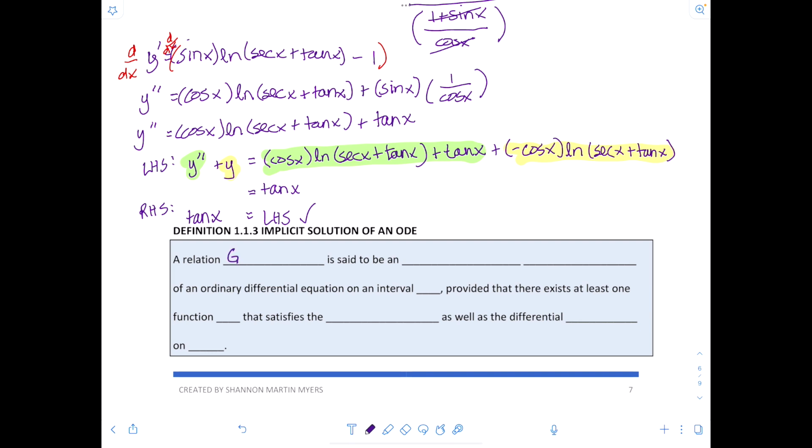A relation capital G of x and y equal to 0 is said to be an implicit solution of an ordinary differential equation on an interval I, provided that there exists at least one function phi that satisfies the relation as well as the differential equation on the interval I.